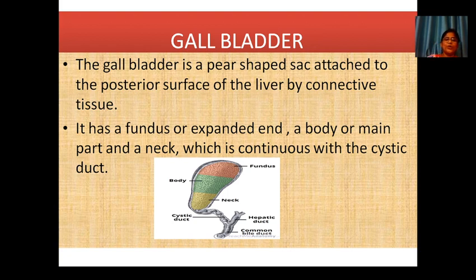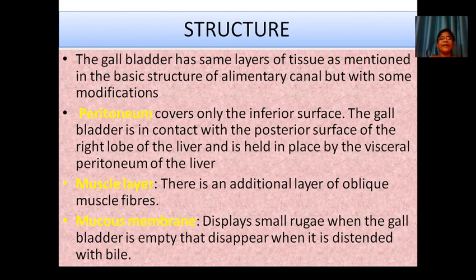Okay, you go through this picture of the gallbladder. See the expanded portion, that is the fundus in pink color, and after this fundus, the body is there. This body is the main part, and then after this body, the neck is there. This neck is continued with the cystic duct. Okay, understand?